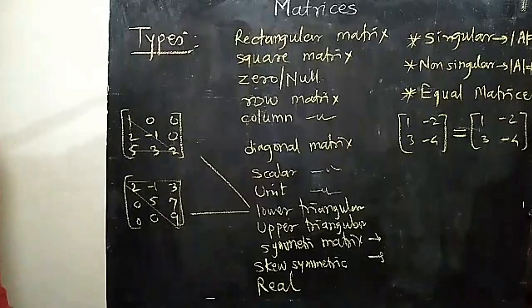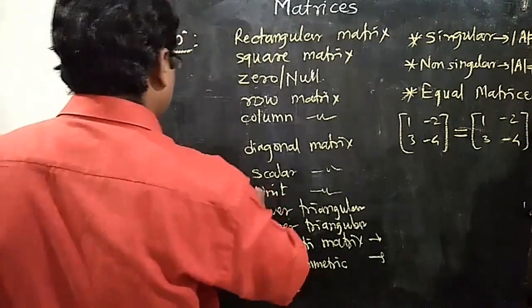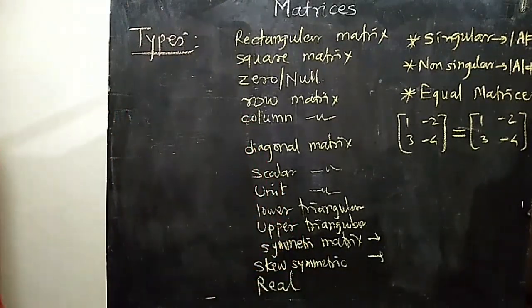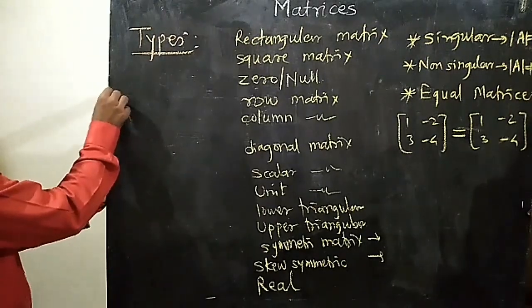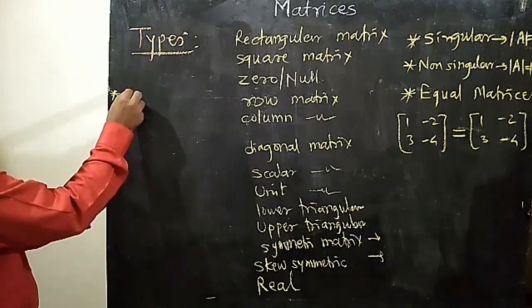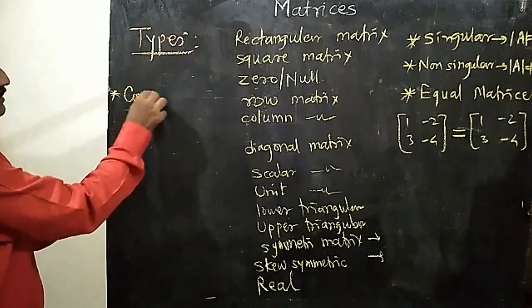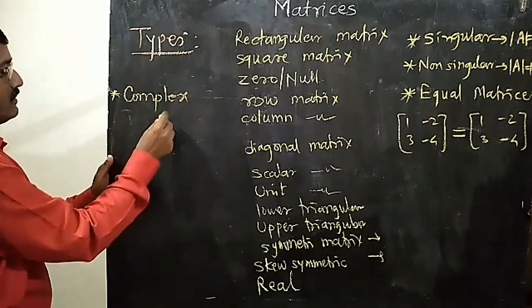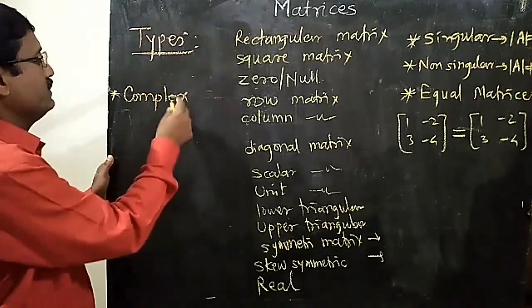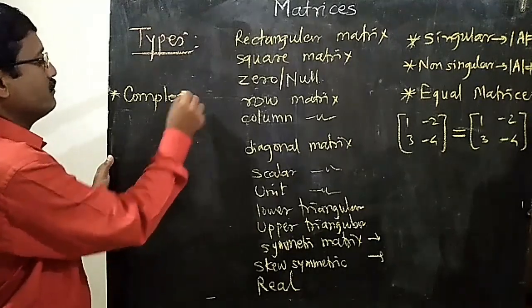These are some concepts or types of matrices that we have learned in 11th class. Now in this 12th class, we will study some different types of matrices. I will just give you an introduction of those types. One is the complex matrix. Not in 12th also, but in further studies we will study complex matrices.